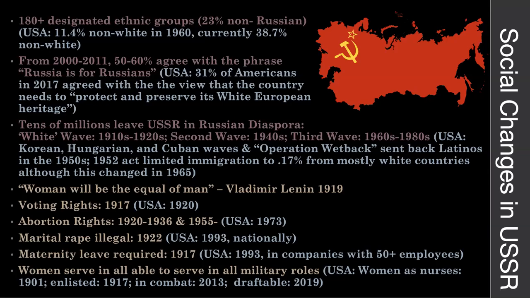Marital rape was deemed illegal 70 years before the United States deemed it illegal nationally. Similarly, with maternity leave, the United States has that for companies with 50+ employees. And finally, women served in combat roles throughout all of Soviet history, which essentially is probably why they were able to beat Hitler in the Second World War.